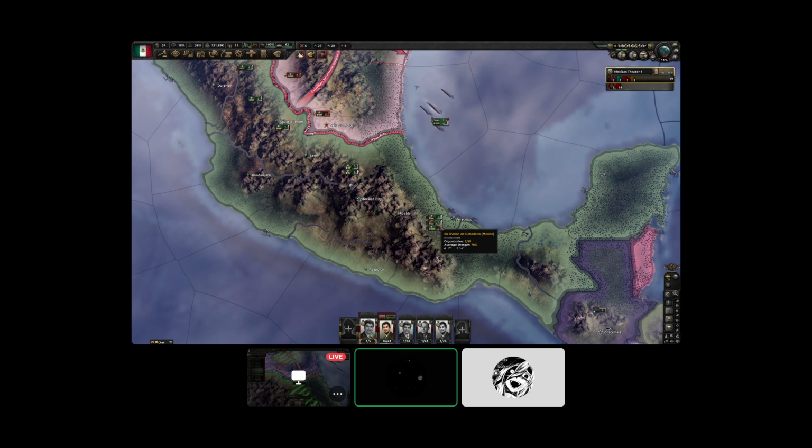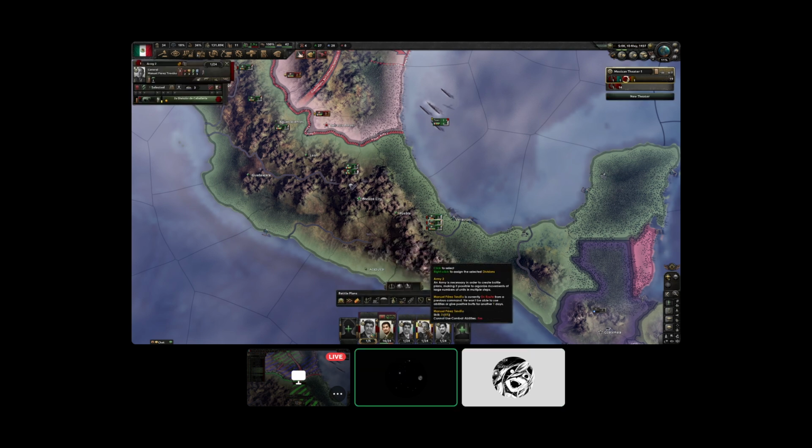Which general fell ill? If you click on the portraits, it must be one of the guys who's currently either just moving back or the guy who just got... It's probably the general in charge of the 16 divisions if you left-click him. You won't be able to tell just by hovering over. If you select, oh, it's that guy.